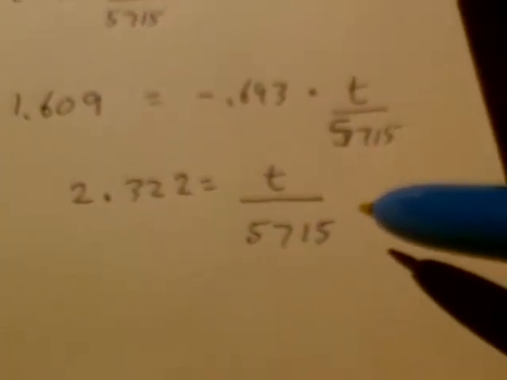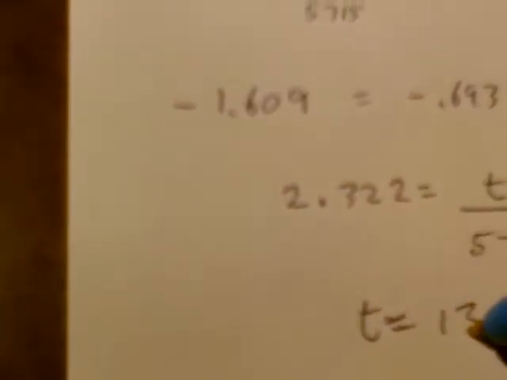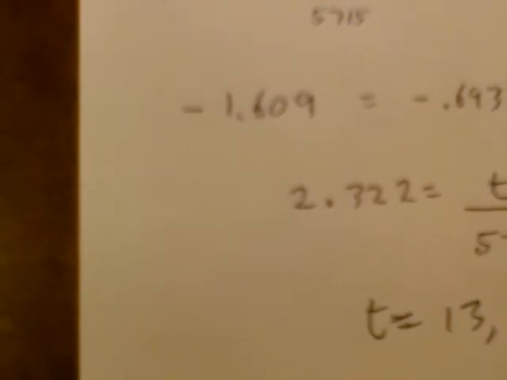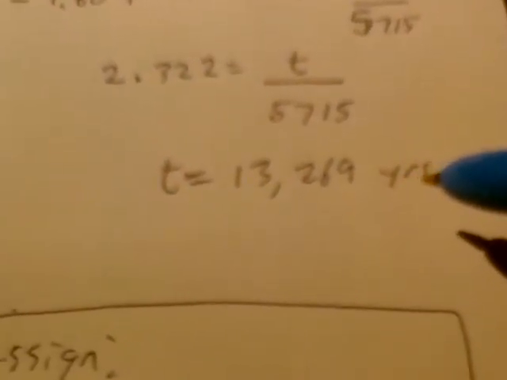Now all that's left to do is multiply both sides by 5715. Enter, and we get t equals 13,269 years old. So our wood carving is 13,269 years old.